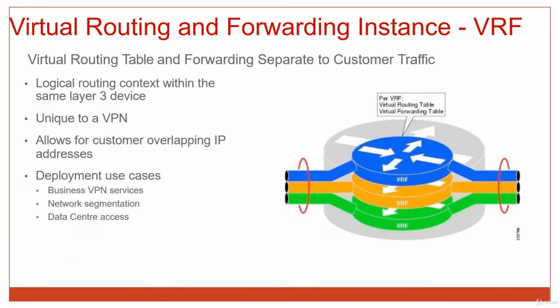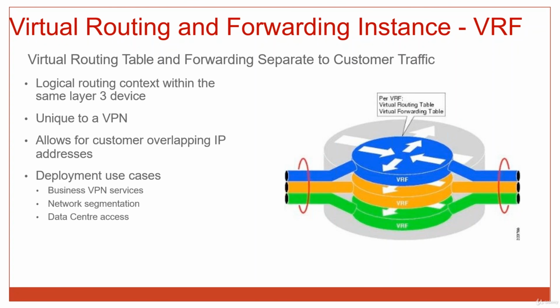Virtual routing and forwarding. What is the use of VRF? When you are creating a virtual routing and forwarding instance, at that time you can segregate or segment the routing table.